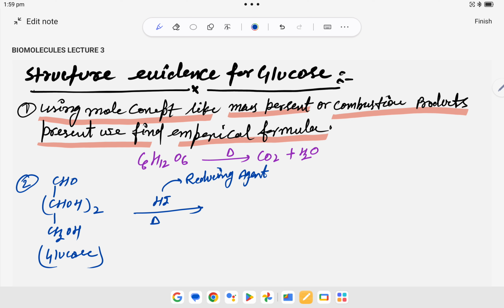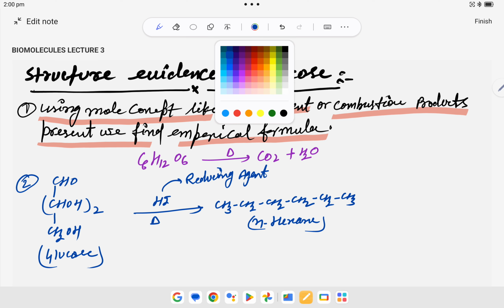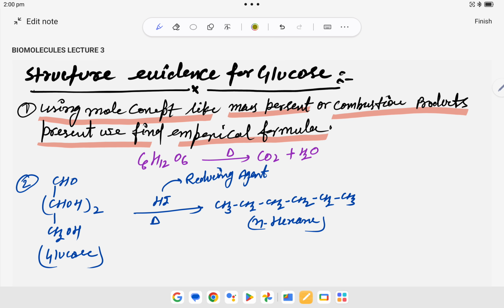Then it is converted into CH3, CH2, CH2, CH2, CH2, CH3. It is converted into n-hexane.